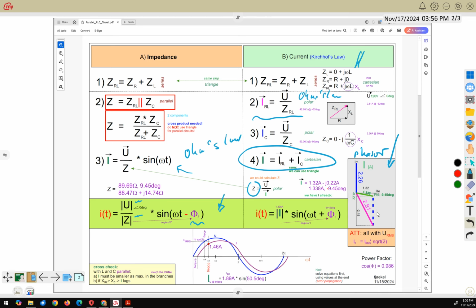And then the other question was, what is the current when our voltage reaches the 60-degree phase angle?